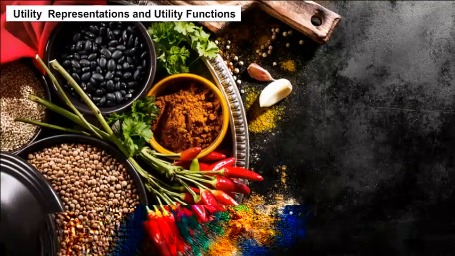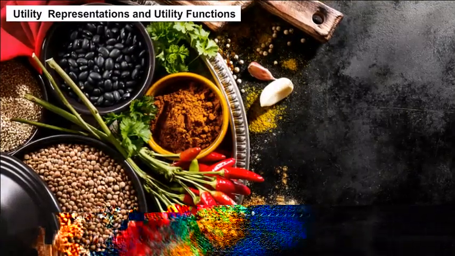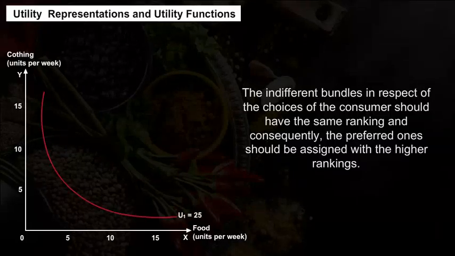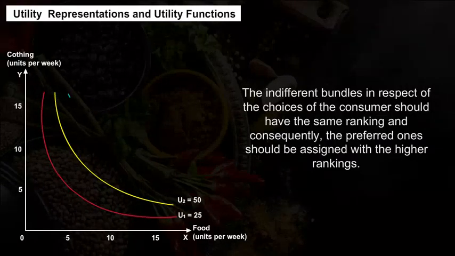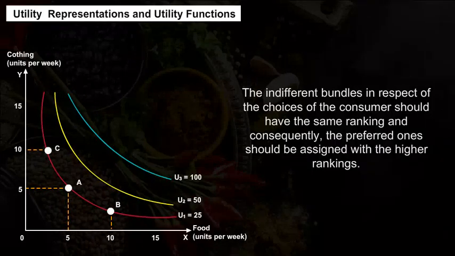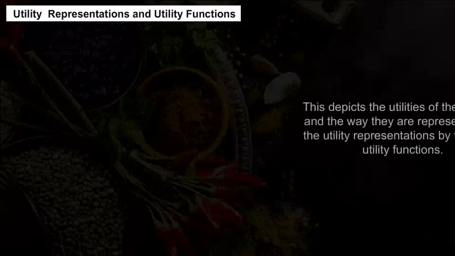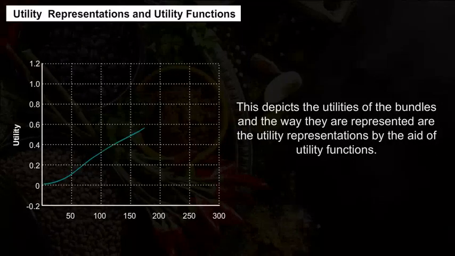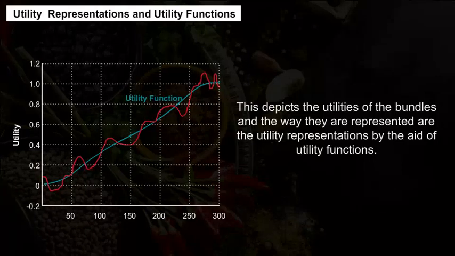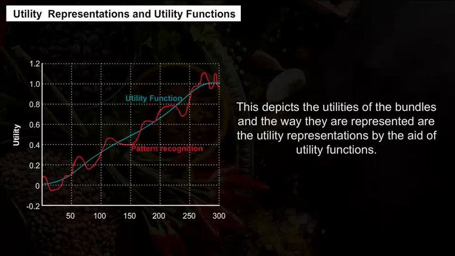Utility representations and utility functions. The bundles that are indifferent with respect to the choices of the consumer should have the same ranking, and consequently the preferred ones should be assigned higher rankings. This depicts the utilities of the bundles, and the way they are represented is called utility representation, by the aid of utility functions.